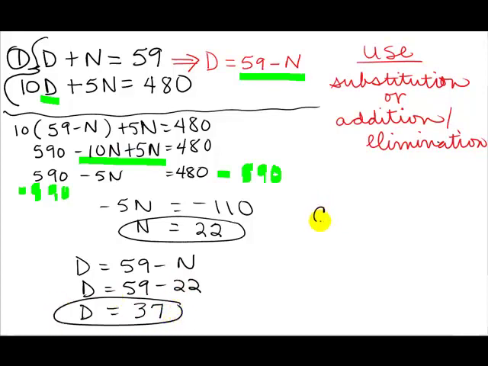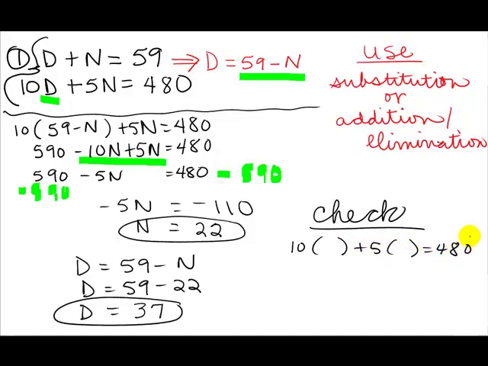Then we always want to check these problems. So I know that 22 plus 37 equals the 59. I've already done that part of it. I need to see if it works here. So I've got 10 times the D plus 5 times the N equals 480.